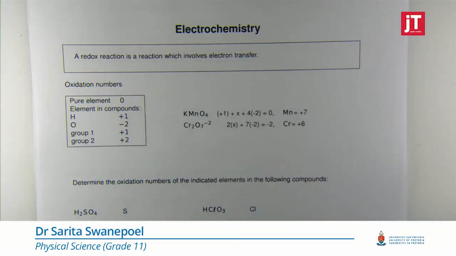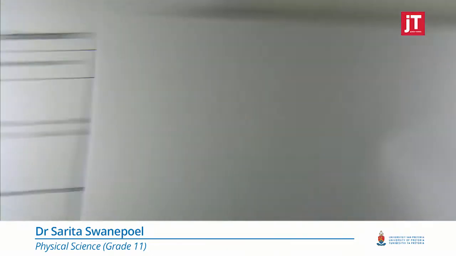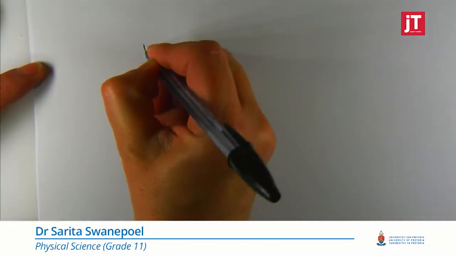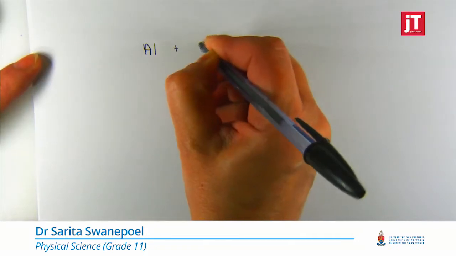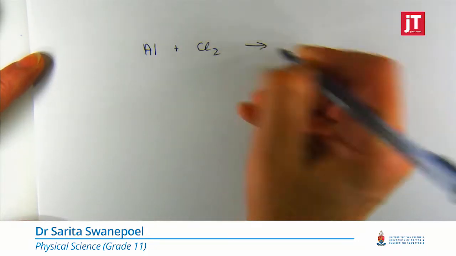So we're going to look at redox reactions, a reaction that involves electron transfer. Now, you've done a lot of redox reactions. You maybe didn't know that you were doing redox reactions. Say for instance, we take aluminium and react it with chlorine gas.